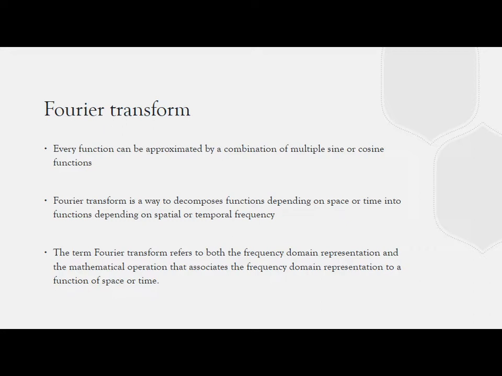So Fourier transform basically is a way to decompose a function, any function you give it, from the space of time into the function depending on the frequency, which we'll call the frequency domain.